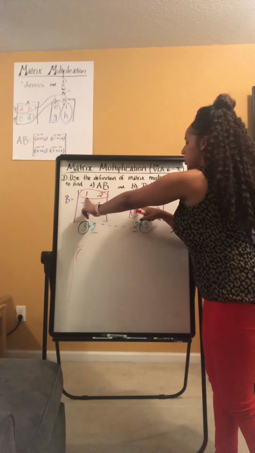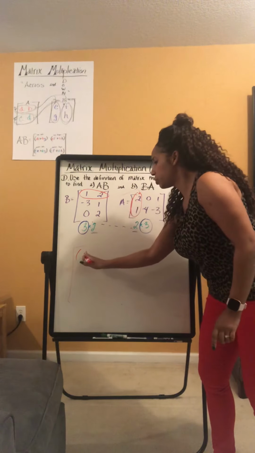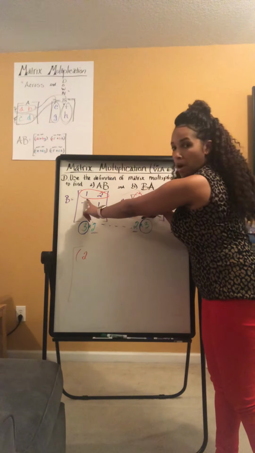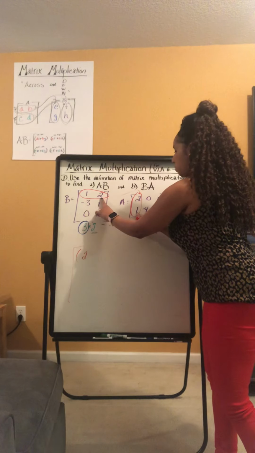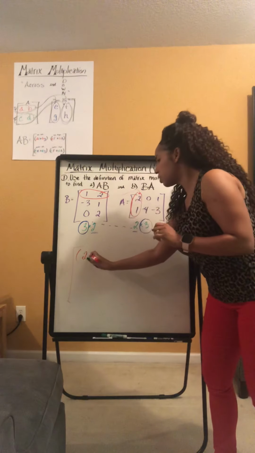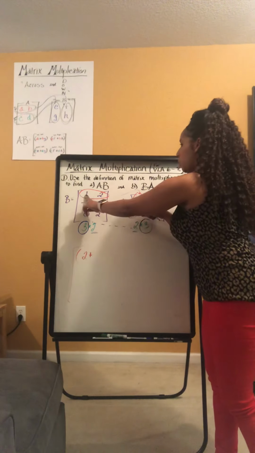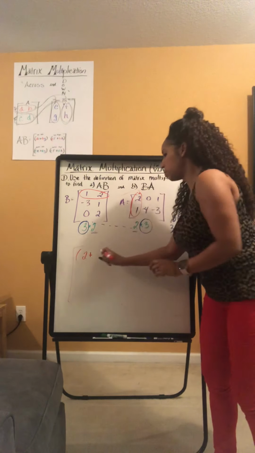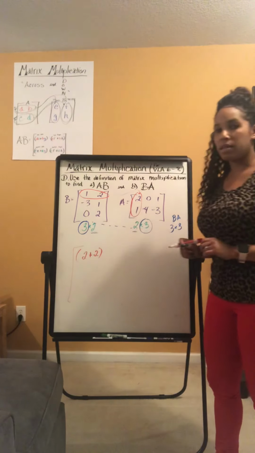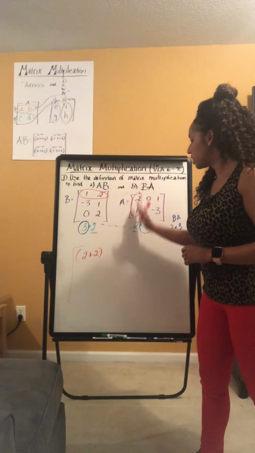So 1 times 2 is 2. Each number has its own partner, so the 1 goes with the 2, and then the 2 multiplies with the 1. There's always a plus in between. So 1 times 2 was 2, plus 2 times 1 is 2. That's it for my top left term.